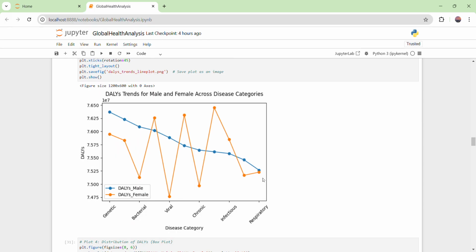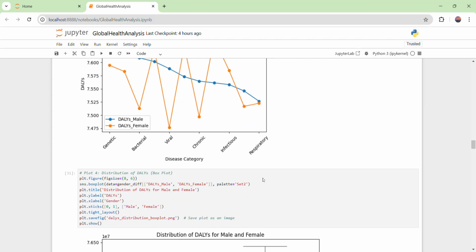So one conclusion is that genetic diseases are more common in males as compared to any other disease category. These facts can definitely help us devise health policies for governments and policy makers.